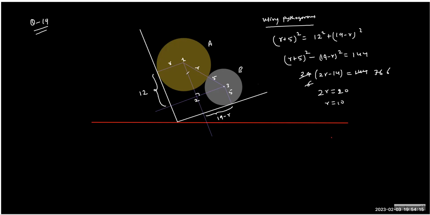And now we know that the velocity of one is towards this direction, and this will be like this. If I call this theta, then we can say this is 90 minus theta. And velocity along the common normal must be the same.